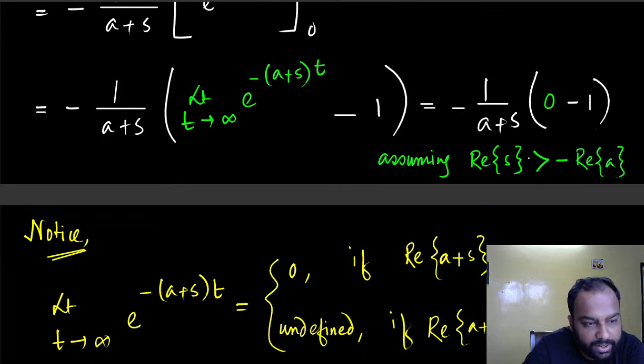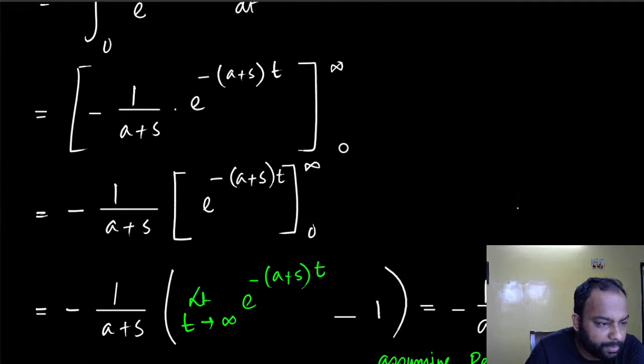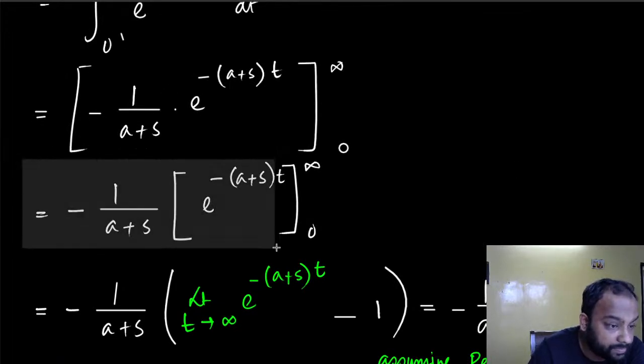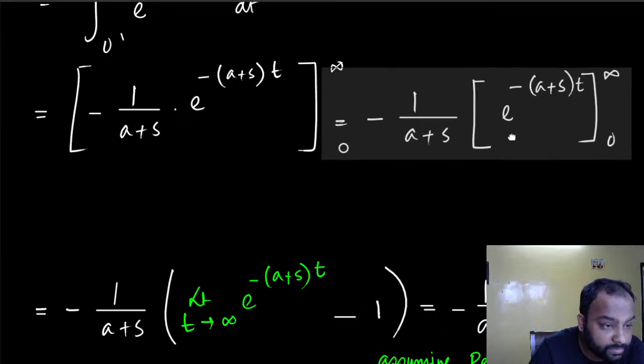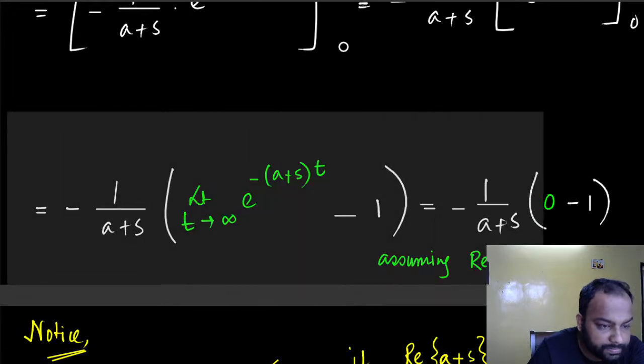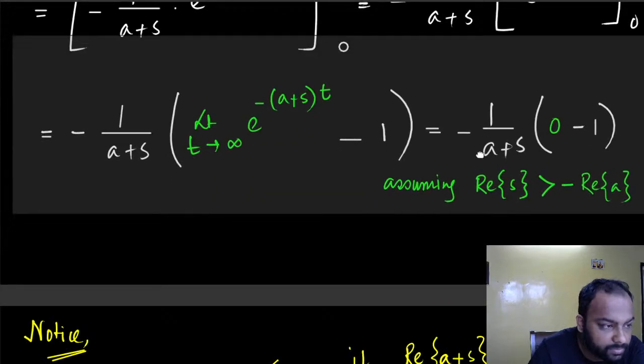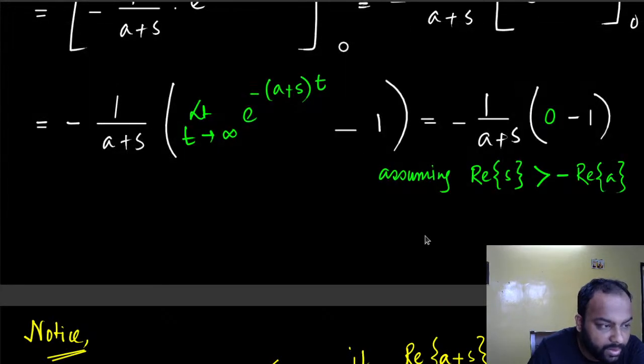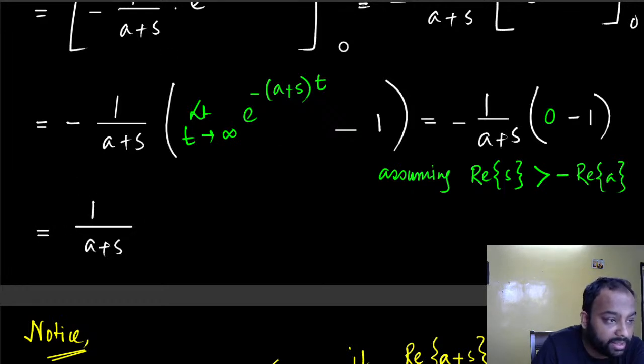That's a minus 1 here. And of course I am running out of space. Just a moment. Okay, so with that said, I can say this is 1 by A plus S, right?